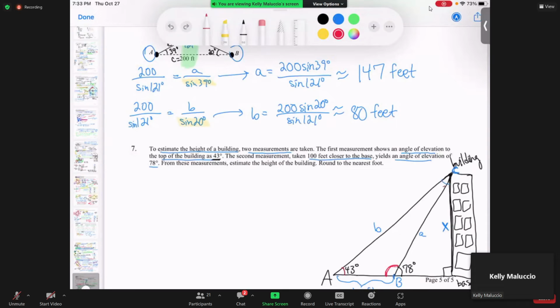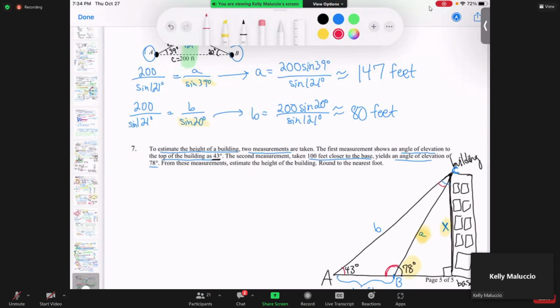I can get this angle and, looking at my triangle ABC, solve. What I want to do is solve for this a, because then I can use trig with 78, a, and x to solve for x, right? So that's what we will do.